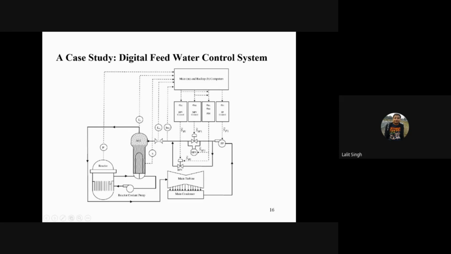Sorry, if you are able to see, in the leftmost and lower side, there is a reactor, which is elliptical in shape, and here basically all the fission reactions are taking place. And we know how a nuclear reactor works.